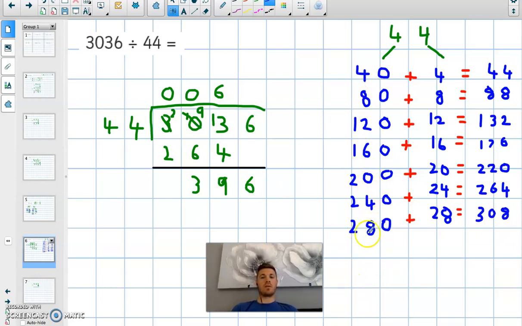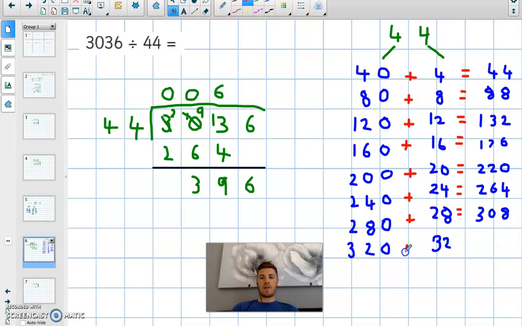my partitioning method. So this column here is going up in 40s. So the next number in the sequence is 320, and the next number in this sequence is 32. Now you can start to see a pattern in each column because these two digits are the same.